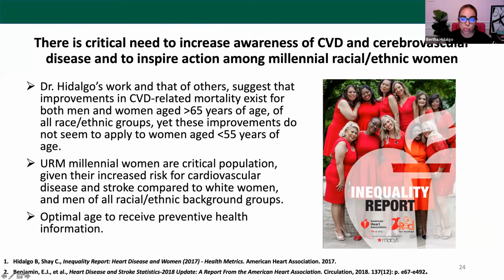So back in 2017, I co-authored along with Chris Shea this inequality report, which really is a deep dive into the literature with respect to the disparities that exist in cardiovascular disease in women, and that although we've made some strides in the field, it really has not reached the place where we have closed the gap on disparities, and that actually we've sort of regressed in terms of making progress for women in cardiovascular disease and stroke.